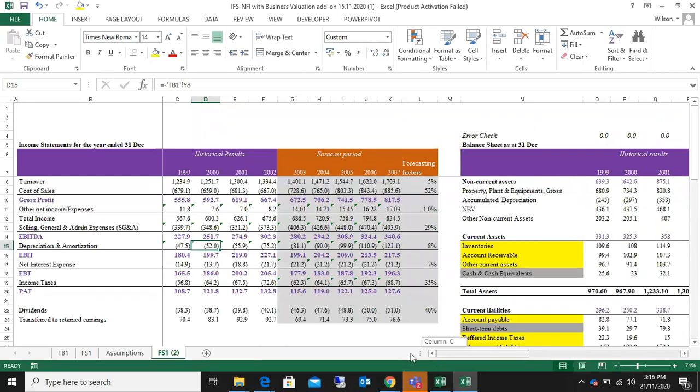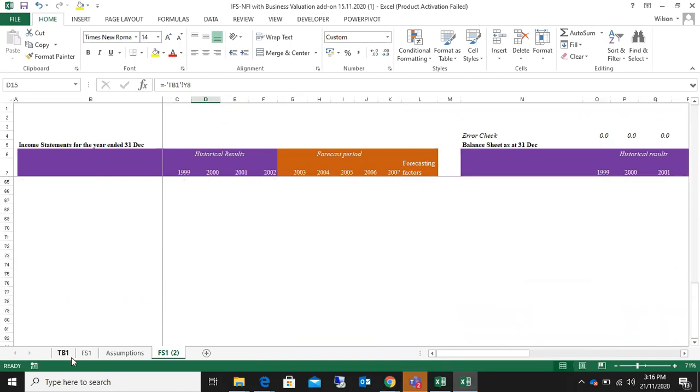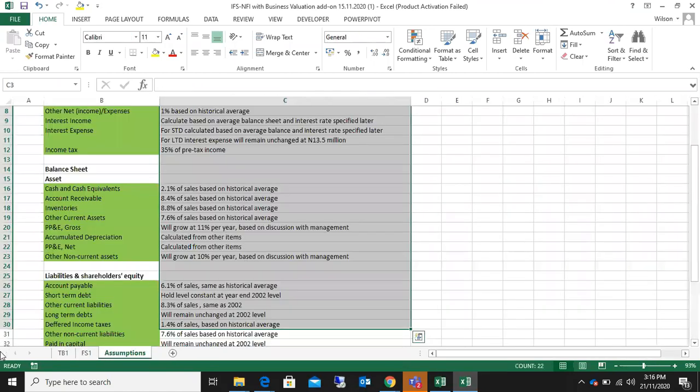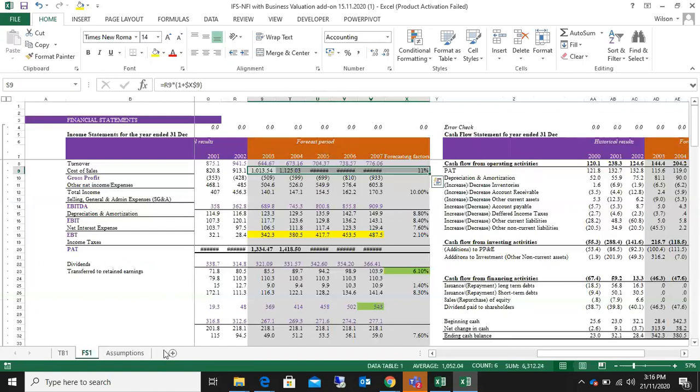What we're going to do right now is take you back to the financial statement. It's not this one, so let me hide this so we don't keep getting confused. FS1 here is what we want to deal with.